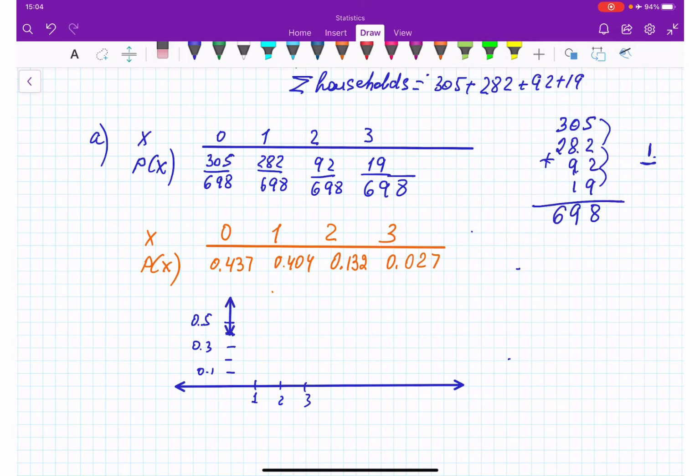One second. I'm going to make 0 as a data point, not as the beginning point in the graphing environment. 0, 1, 2, and 3.